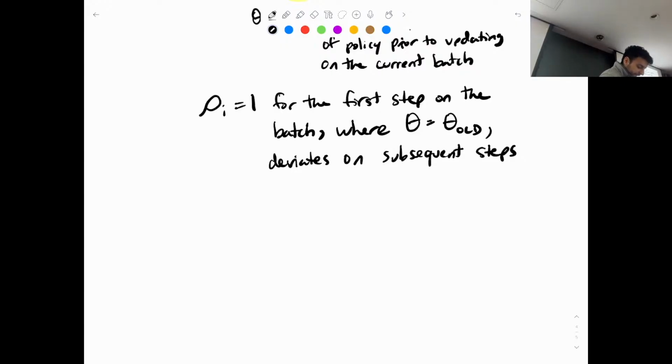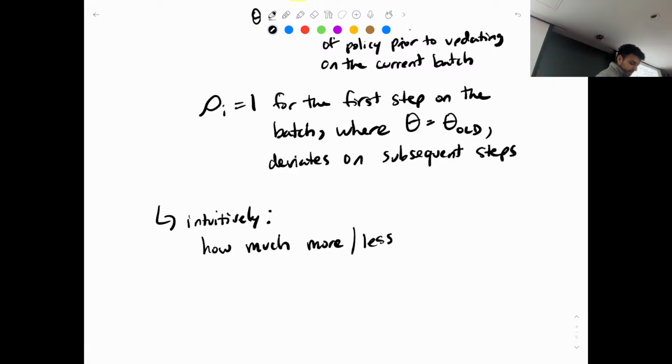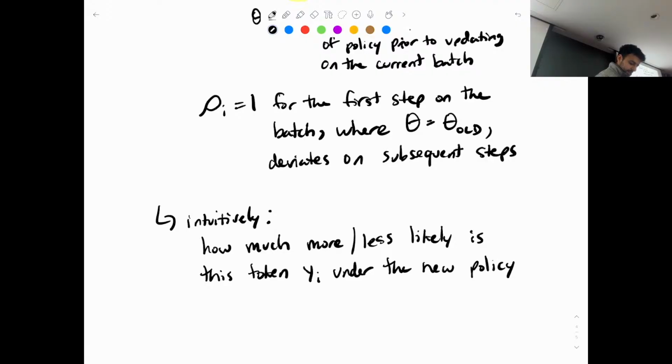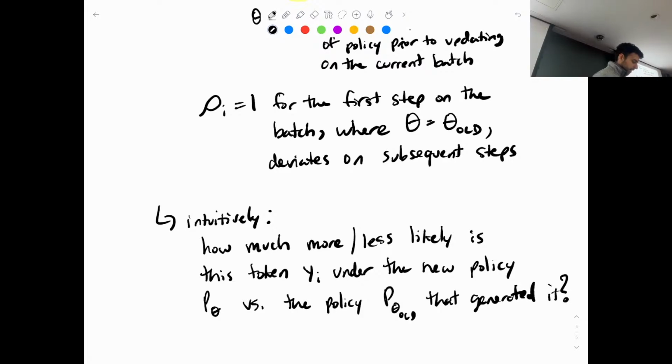Okay, so intuitively, this measures how much more or less likely is this token, say y_i, under the new policy p theta versus the policy p theta old that generated it.